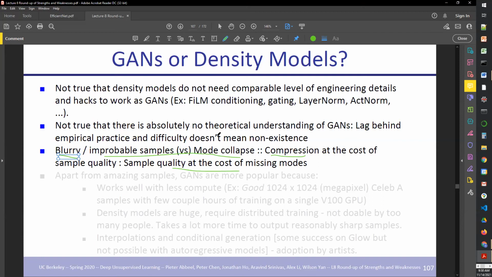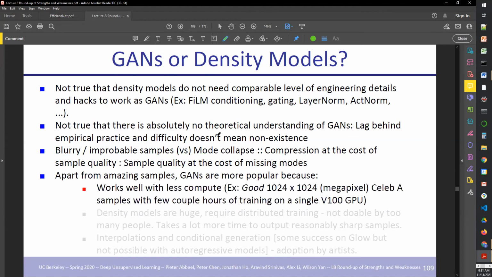And then he talks about, besides the supremely good quality samples, GANs being popular because they work well with huge images. He gives some examples: for autoregressive models to work with megapixel images, they had to train on 512, he says, I think CPU cores, but it could be GPU as well.